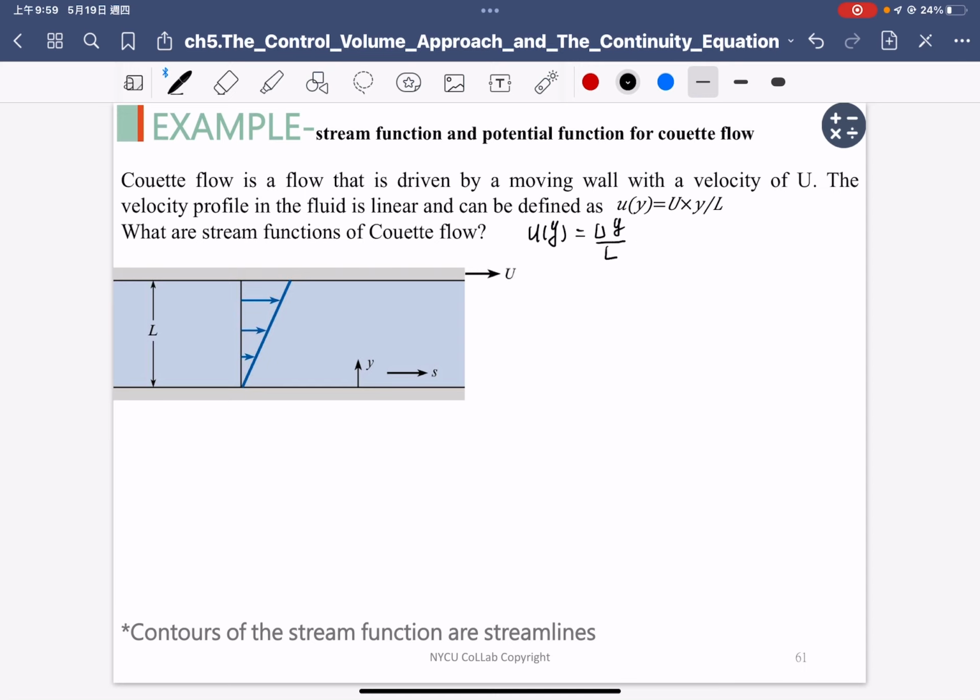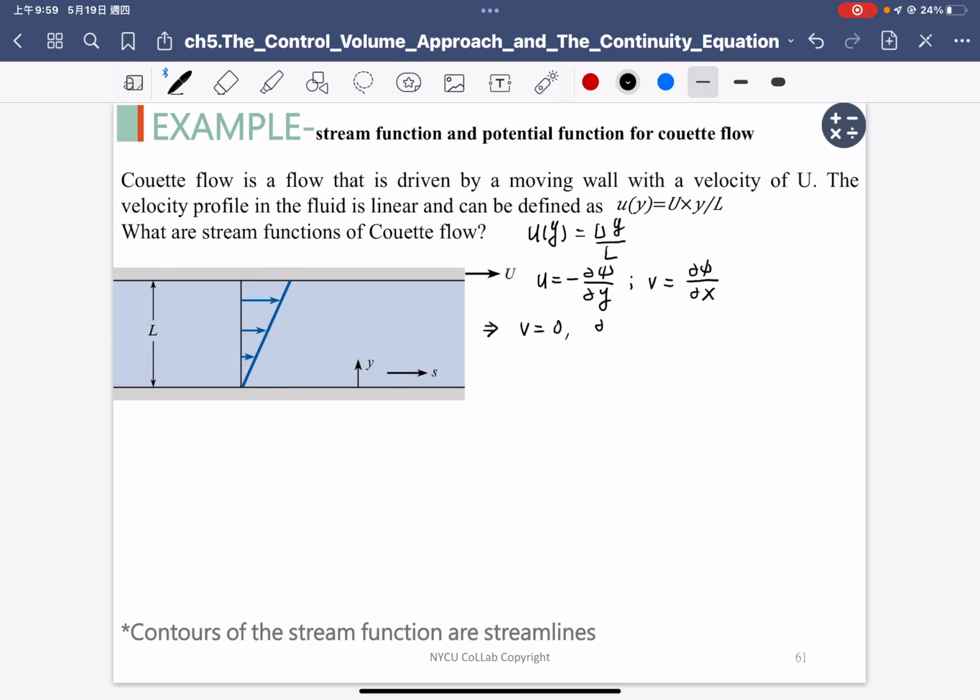Because we have discussed the Couette flow, and we have a certain definition, we know that u is equal to minus dpsi/dy, and v is equal to dpsi/dx. And for a Couette flow, we don't have the v velocity, so v is equal to 0. That means that dpsi/dx is equal to 0.